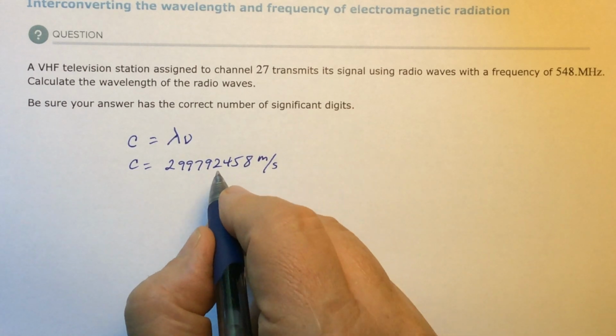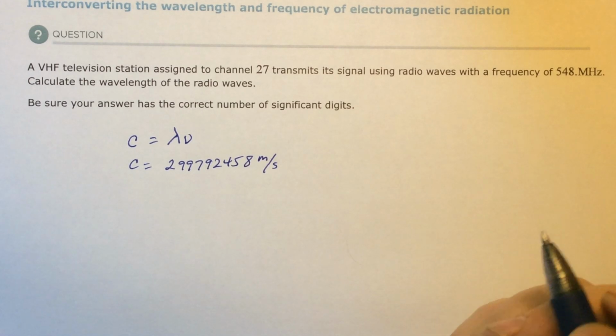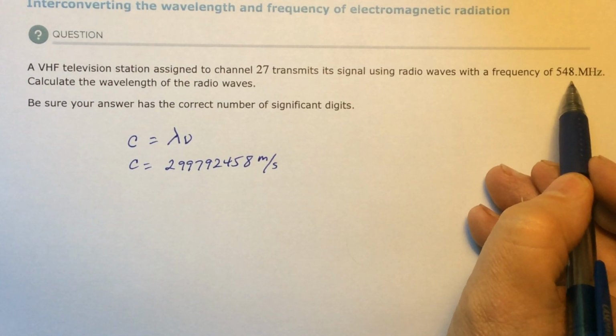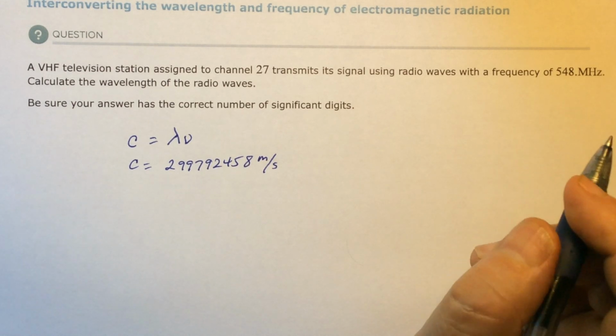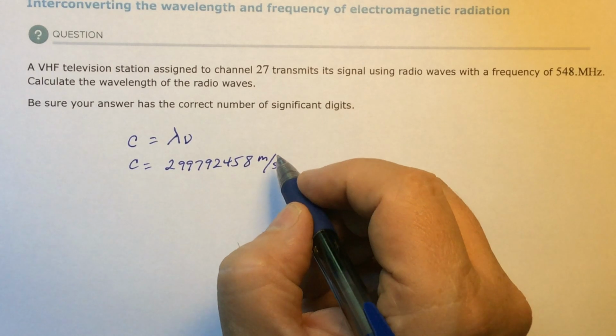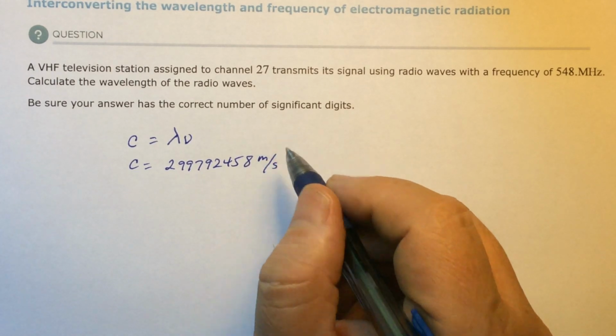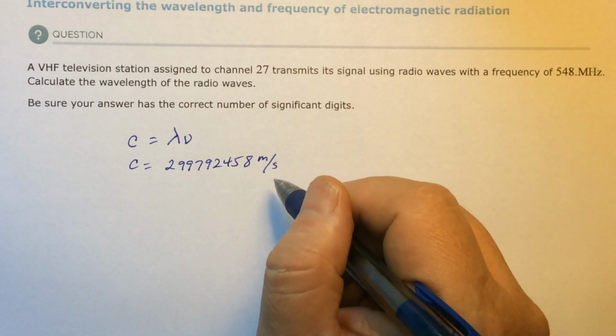So if this is c, they're going to give you one and ask for the other. They're going to give you the frequency of 548 megahertz. We need it to be in hertz, because the speed will be in meters per second, and hertz is something divided by seconds.